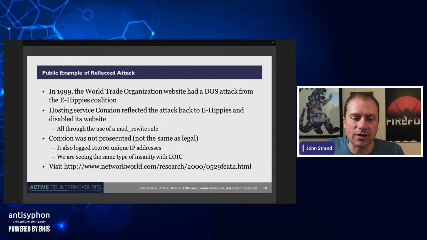Connexion, as a hosting provider, went through and redirected the traffic directly at the E-Hippies web server. It was a different time. Just stick with me. They actually had a web server and they crashed that web server. The E-Hippies did not show up to court to say, oh, well, Connexion crashed our web server with the DoS traffic that we created against the World Trade Organization. The attackers aren't going to do that.